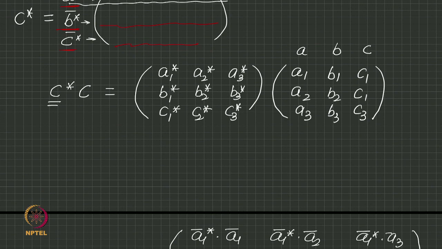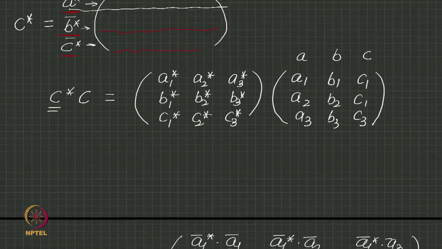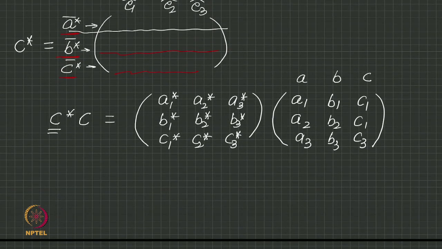Now you can use this property: the first row is A star expressed in Cartesian coordinate system. The first column is A expressed in Cartesian coordinate system.